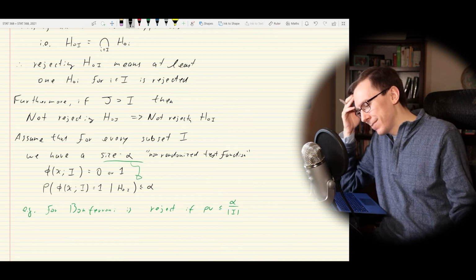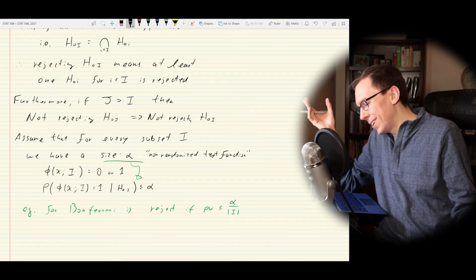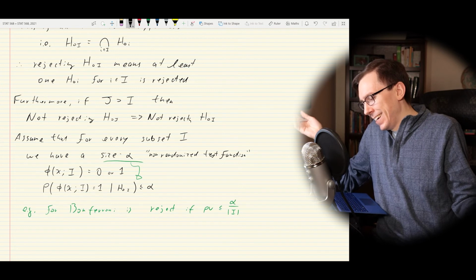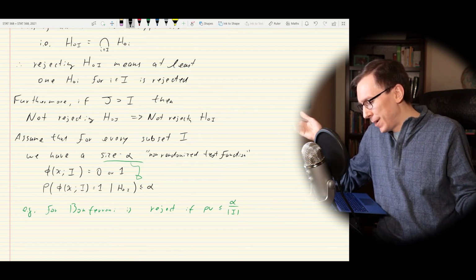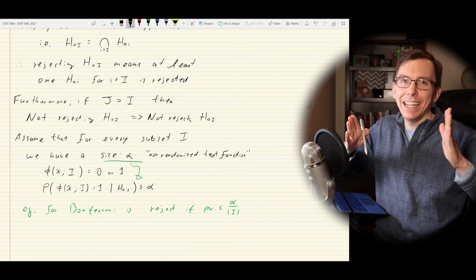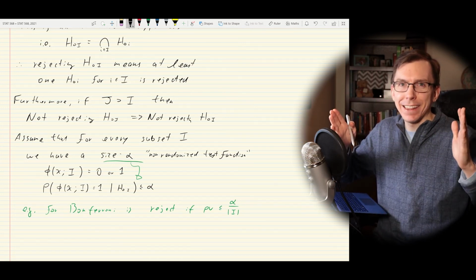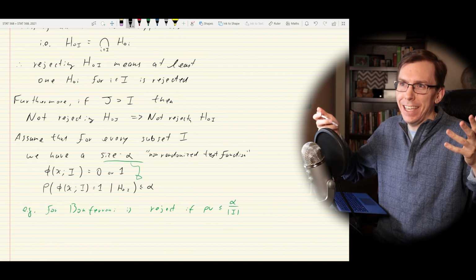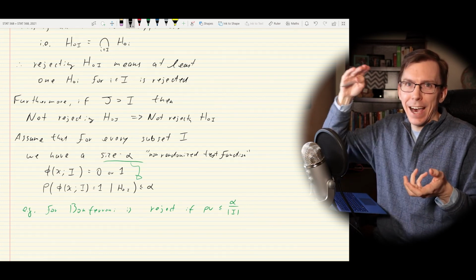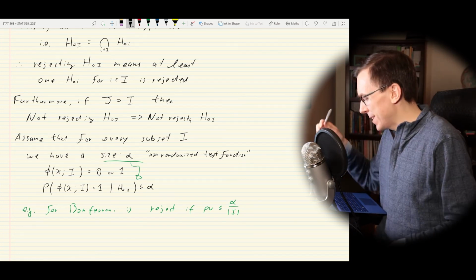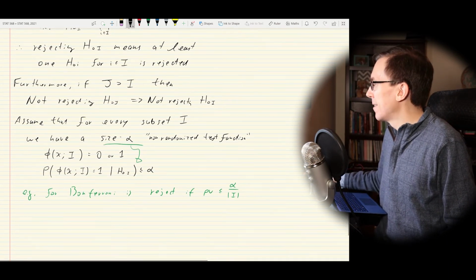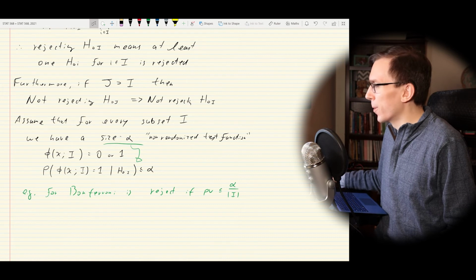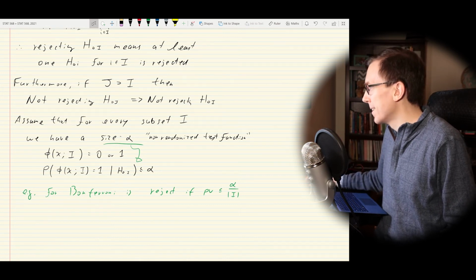It's kind of fancy notation, but really when do I reject? Well, in the Bonferroni case, if I have cardinality I hypotheses, I would reject if my p-value is less than alpha divided by the size of I. So that's all it's really saying. It's just a fancy way to write it, and a more general way to write it, I guess.